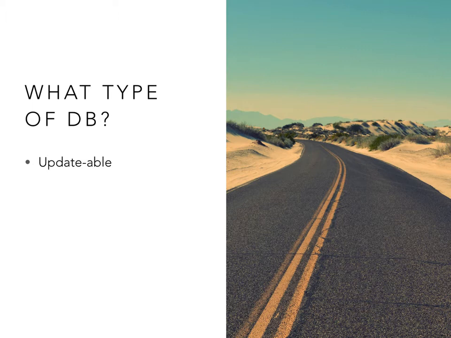Remember the modification anomalies we talked about in chapter 3? All those are in the context of an updatable database. If we have an updatable database, we normally want the tables in BCNF so that we have eliminated those anomalies. They can't happen because of the way we've structured the database. We got all those tables with foreign keys and primary keys that link up.